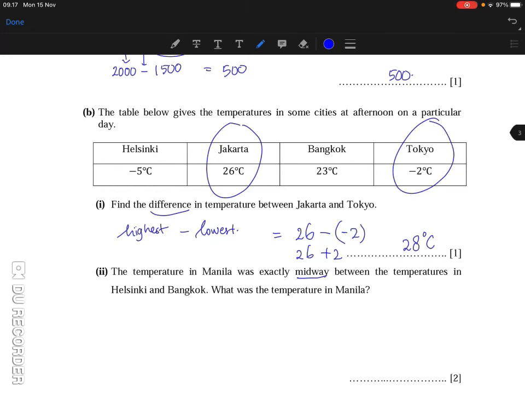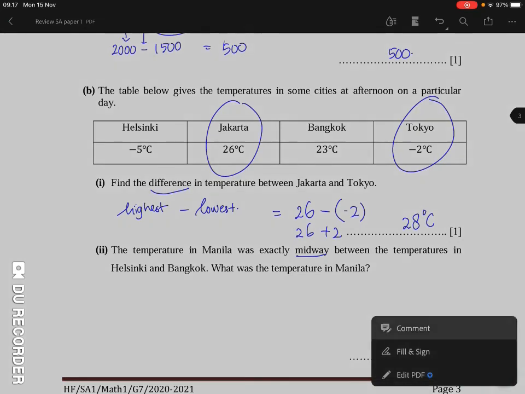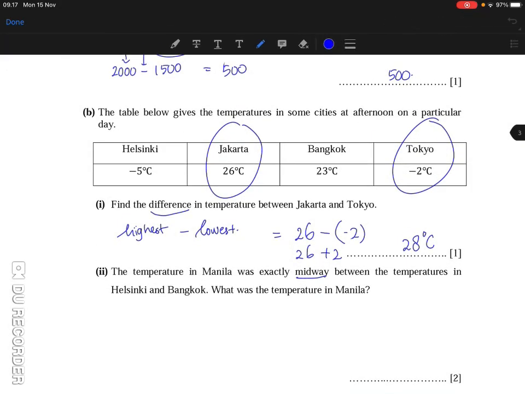So Helsinki and Bangkok, now I need you to use the red color. Remember again, you need to plus this Helsinki and Bangkok. So Helsinki plus Bangkok divided by 2. This is how we find the temperature in Manila.